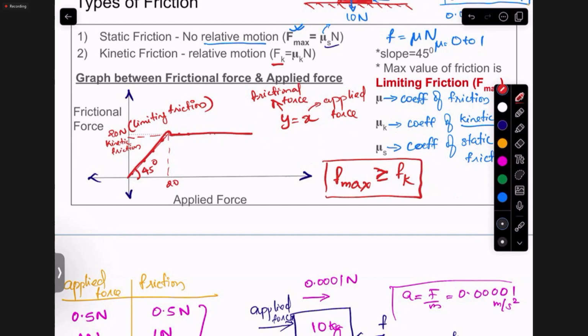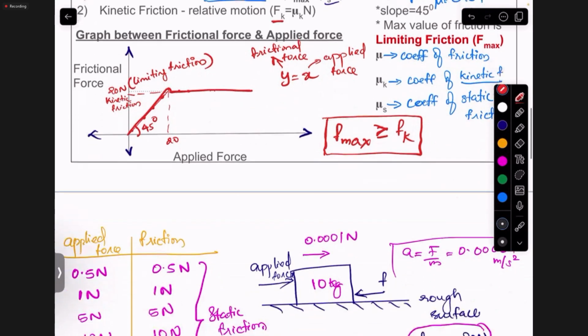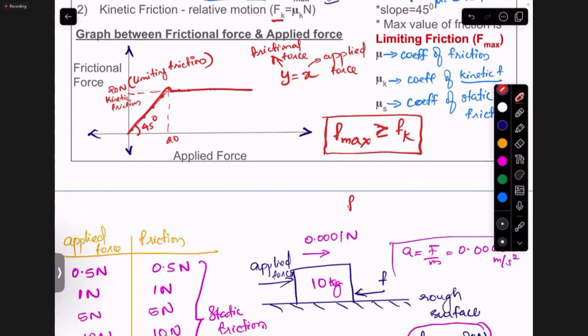So F max is always greater than or equal to Fk, and Fs is always proportional to the applied force when the applied force is less than or equal to F max.